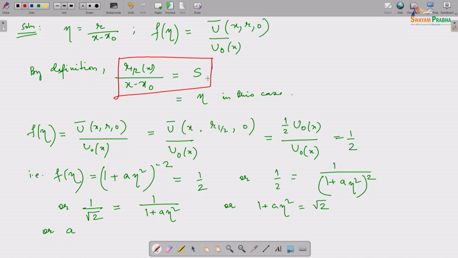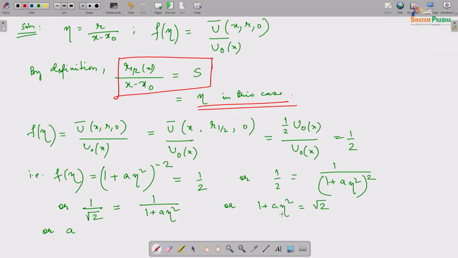So eta, we had said this. So eta is r half, the spreading rate. So the spreading rate is jet half width per unit x, because x naught is equal to 0. So x minus x 0, this is nothing but eta. So eta I am going to write as s, the spreading rate.